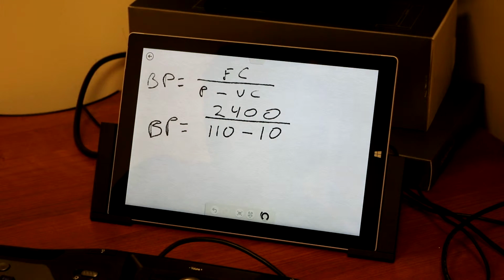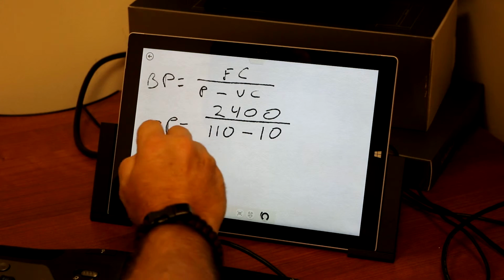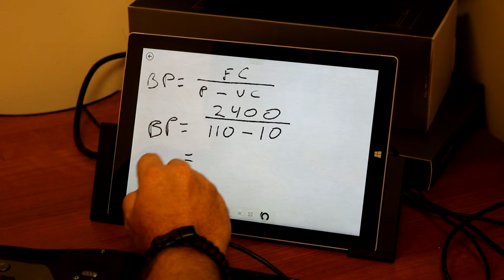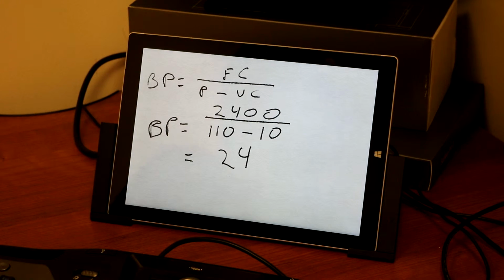So whatever it is we're selling for $110, we bought for $10 and we're selling for $100. And our break-even point is still going to be 24. I hope that's a simpler way to discuss it, and I hope that helps us out.